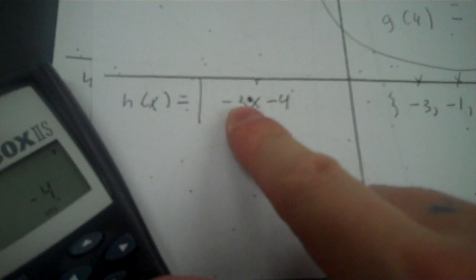That does happen from time to time. -3 times 0 minus 4 is -4. Then last we put 8. -3 times 8 minus 4 is -28. Okay, pause the video and do the 4 problems.